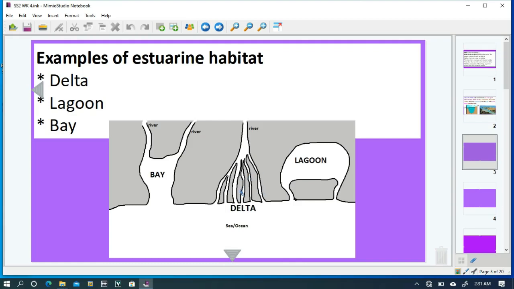The third example is a bay. A bay is a small portion of the sea water which enters into the land and mixes up with fresh water from the rivers and streams.